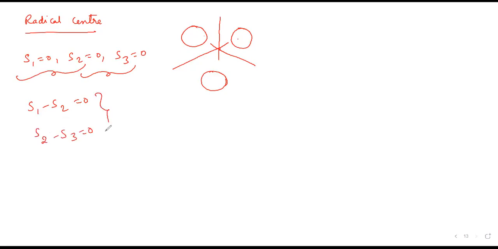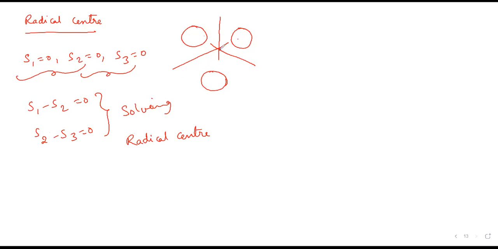So you will get two lines, and by solving these two you get one point of intersection, which is the radical center. To find the radical center, consider the radical axes of any two pairs of the three circles and solve them.